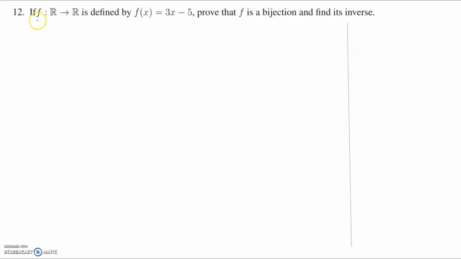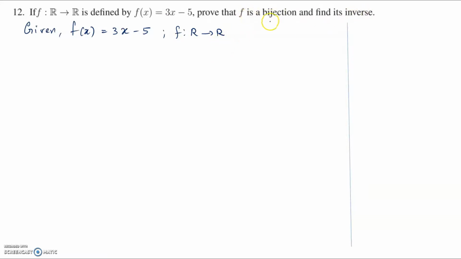Question number 12. If f is a function from real values to real values and is defined by f of x is equal to 3x minus 5, prove that f is a bijection and find its inverse. So what's given to us is f of x is equal to 3x minus 5, and f is a function from real values to real values, right?